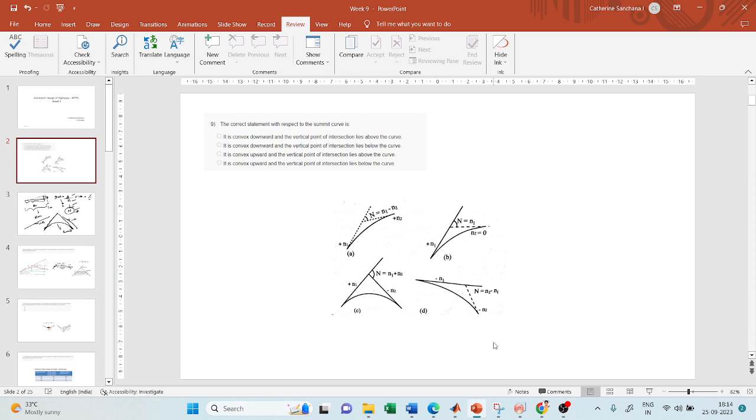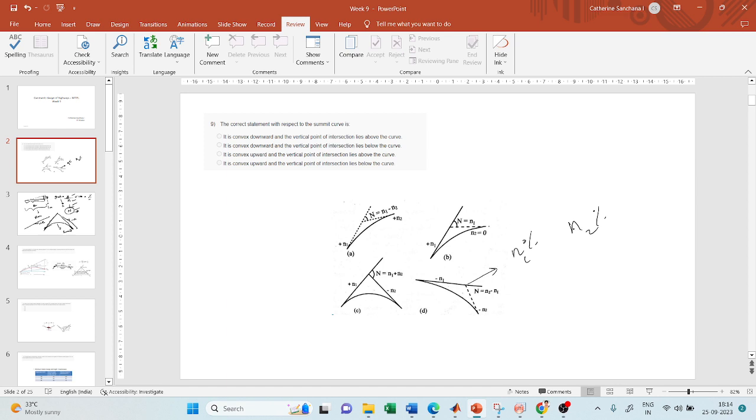But if you are given a problem, they will simply write it as a statement, saying a falling grade of n1 percentage meets another falling grade of n2 percentage. Now both are falling gradients. How will you identify if it is a summit curve or a valley curve?